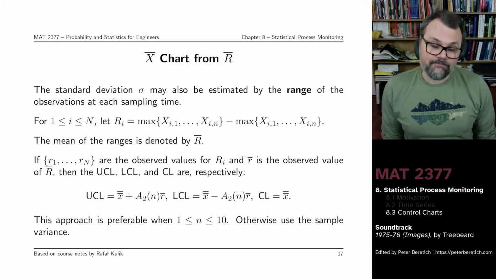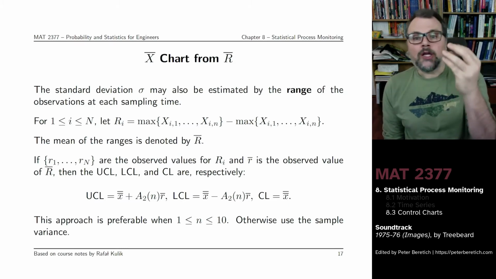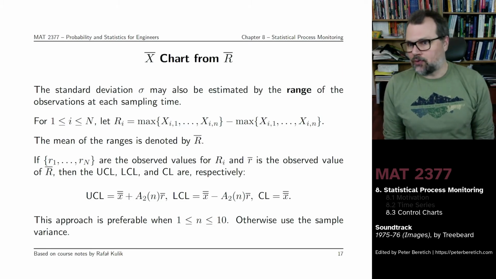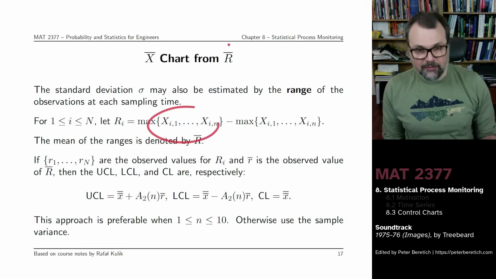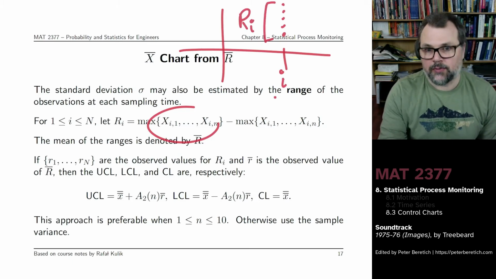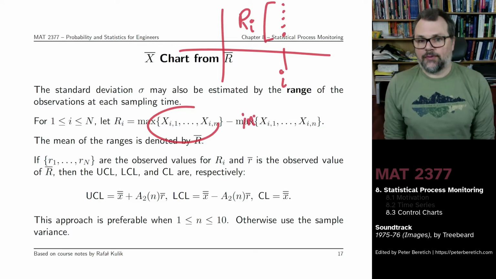So here, for every timestamp or for every location of interest, rather than computing the sample standard deviation, you might compute the range, which is to say you will find the maximum value of all the sampled observations, and you'll subtract from that the minimum value of all the observations.